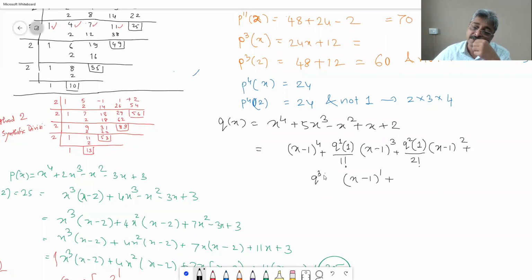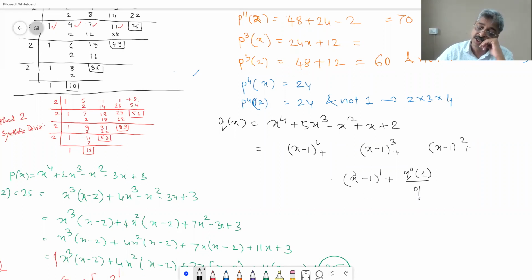Differentiate q of x 3 times... no, we should come from the right side, from the constant term, sir. Oh, mistake, correct, you are right. Take from the constant term. Evaluate q, don't differentiate it, 0 times, that means don't differentiate, evaluate at 1 upon 0 factorial, that is your constant.